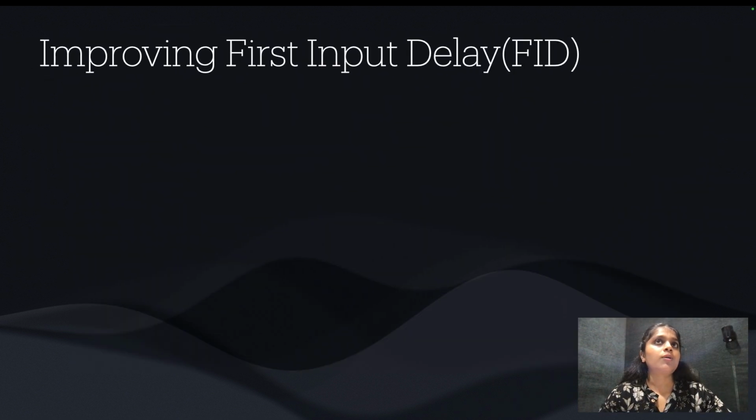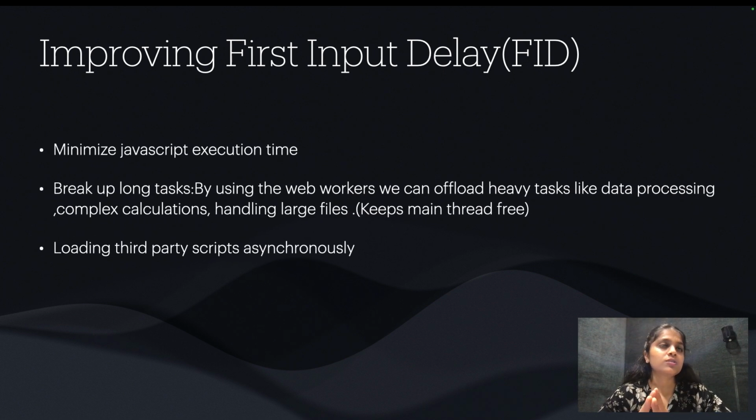Now I'll be talking about how we can improve this score. Firstly, the JavaScript execution time. We can optimize the script, the code, so that the JavaScript will execute faster and the user will be able to see the things faster or on time. So it's like breaking up the long tasks. Suppose we have long, heavy computational things, data processing things, complex logical things, large files.